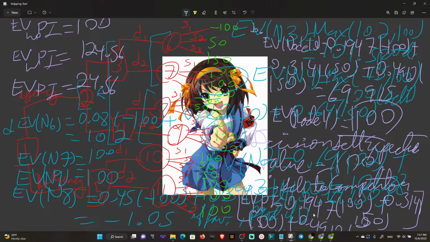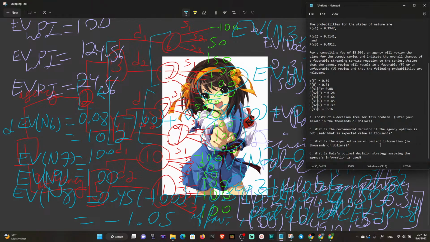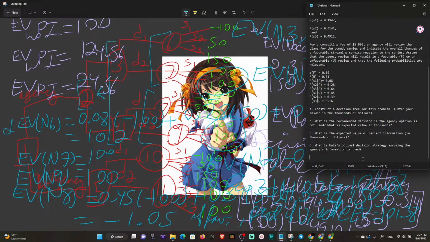If unfavorable, sell, with EV equal to 101.38. So for D: if favorable, produce, and if unfavorable, sell.